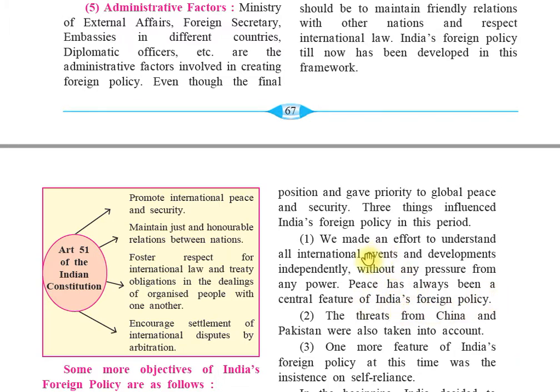Peace has always been a central feature of India's foreign policy. We had given importance to peace. The threats from China and Pakistan were also taken into account. So, the fear we had from China and Pakistan was taken into account. And today also, we have small disputes with China and Pakistan.